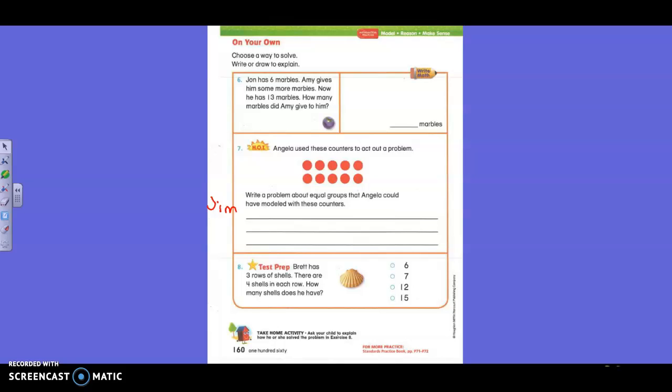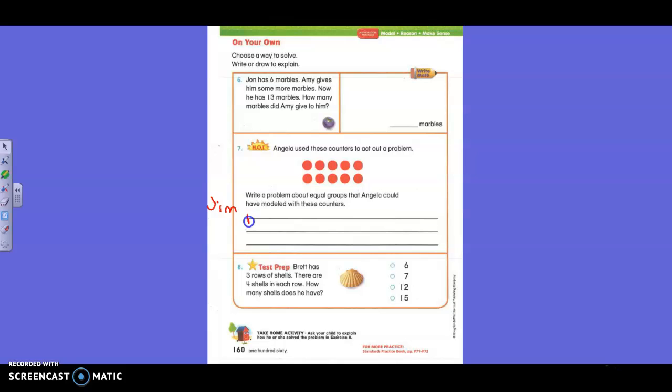We're just going to say cookies. We need to say something about rows first, because these are in rows, right? So Jim puts cookies in how many rows? Two.